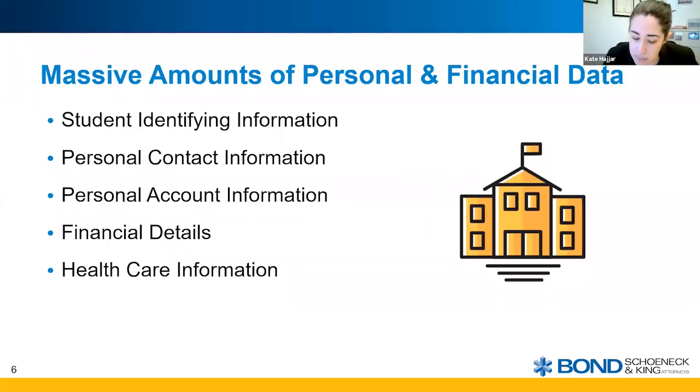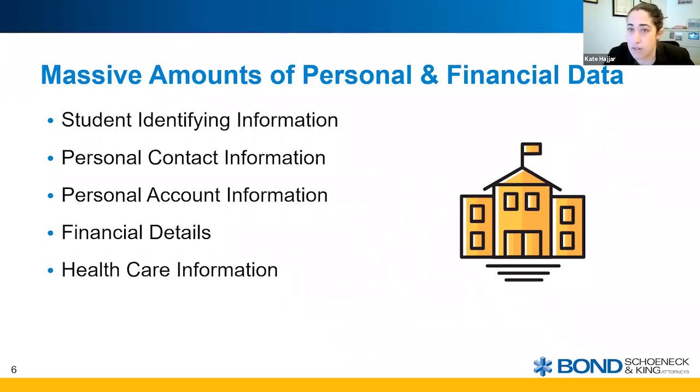Yeah, just briefly speaking, we wanted to give everyone a brief overview of why data privacy and cybersecurity policies and procedures in particular are important to higher education institutions. And generally speaking, that is because of the massive amounts of personal and financial data that higher education institutions routinely process and house. And that data touches on a few different areas.